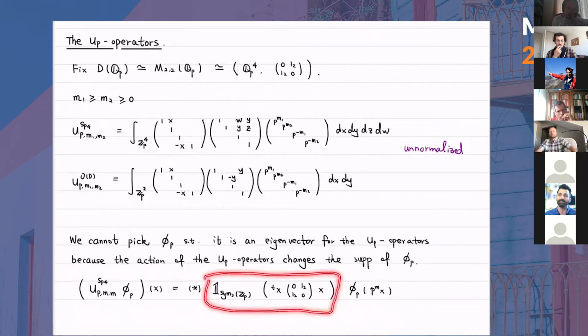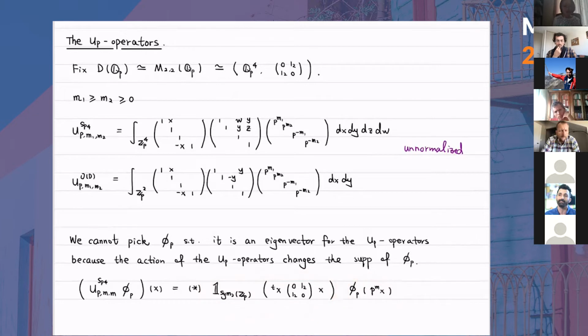And here is an integral condition. We want that to be inside the integral symmetric 2x2 matrices. But actually, this integral condition is not enough to really bound the p-adic values from before. So this part, you're still always going to have points of smaller and smaller p-adic valuations coming into your support.